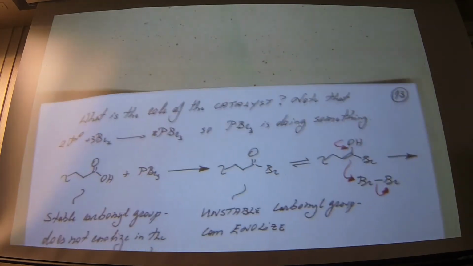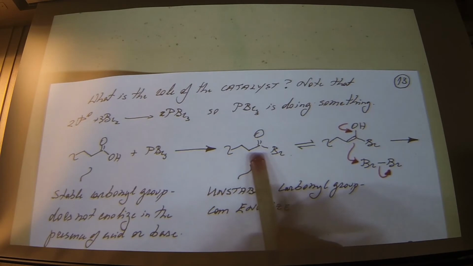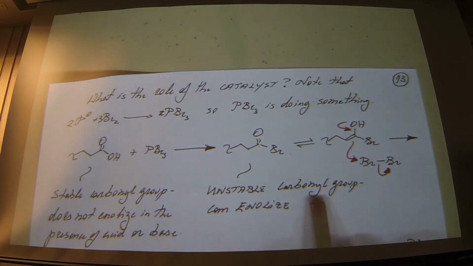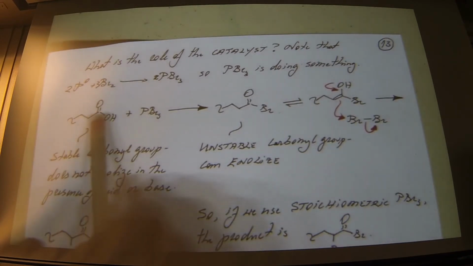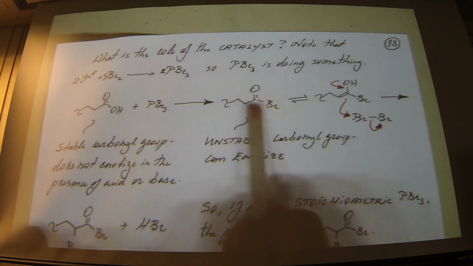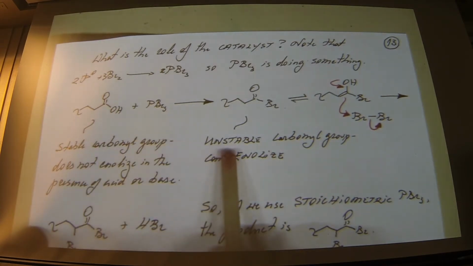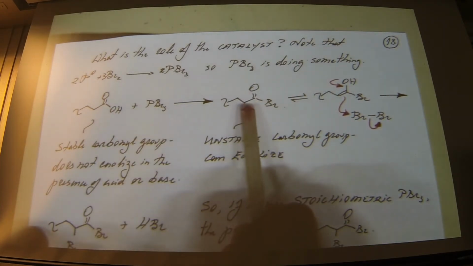the acid. Now, if you remember the reactivity series, it turns out that the acid bromide is the least stable, right? Acid chlorides, those are the most reactive. And so you have a stable carbonyl group in the carboxylic acid, but with PBr3 you form the acid bromide. Now you've converted a stable to an unstable carbonyl. This one can enolize.